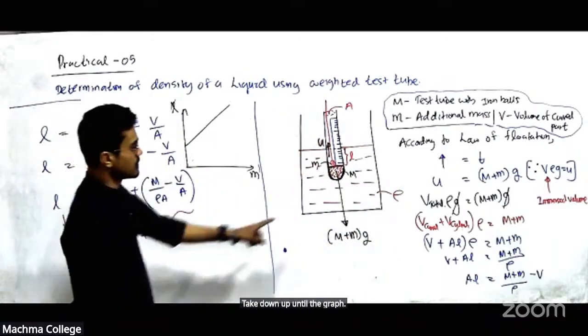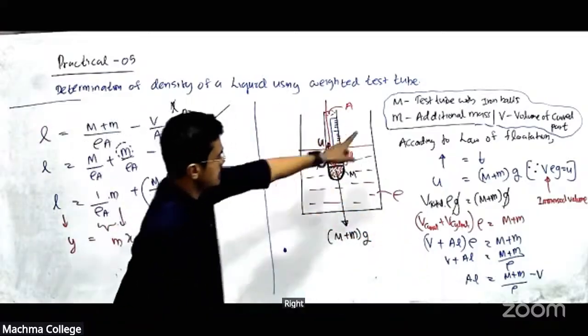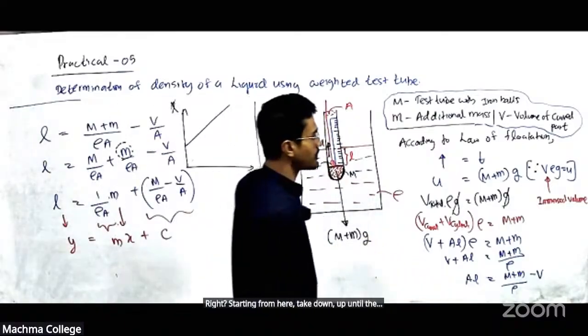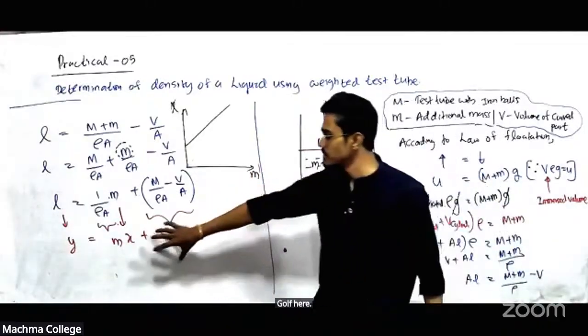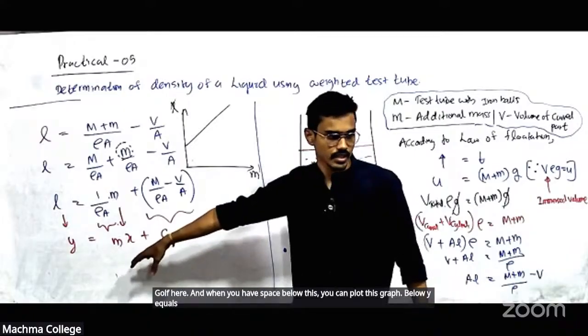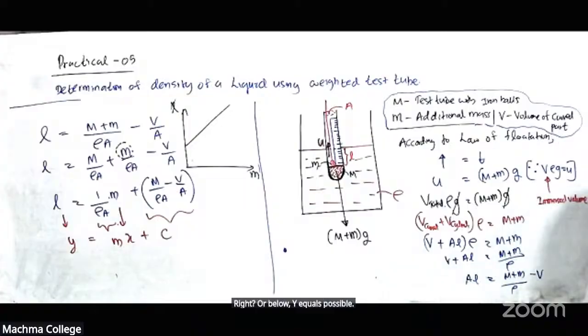Starting from here, take down up until the graph here. And when you have space below this, you can plot this graph below, y equals mx plus c. Right. Take it down.